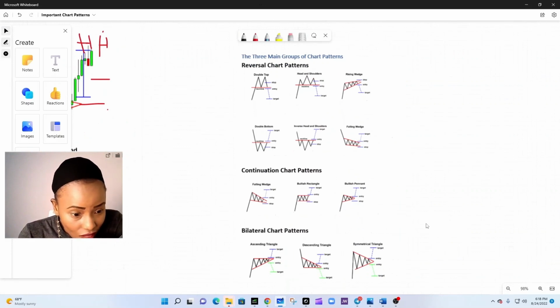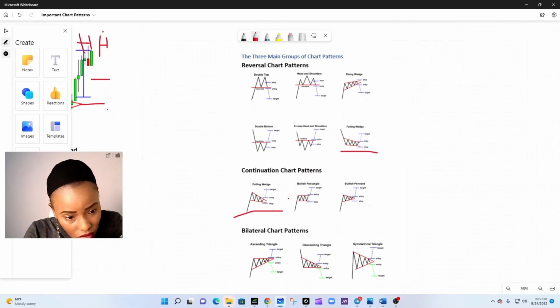You can see the falling wedge is also a continuation pattern. So there it has served two purposes. It's here as a reversal chart pattern and also as a continuation chart pattern. And then of course we have the rectangles and the pennants.